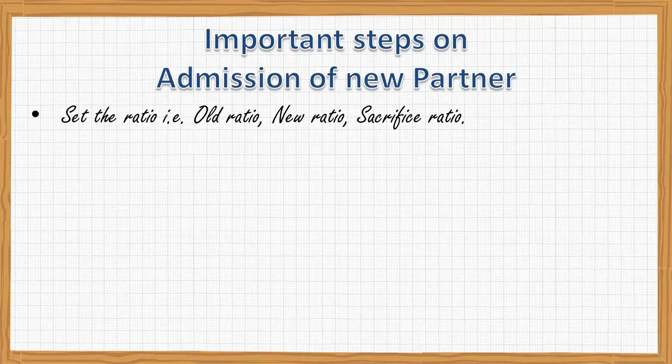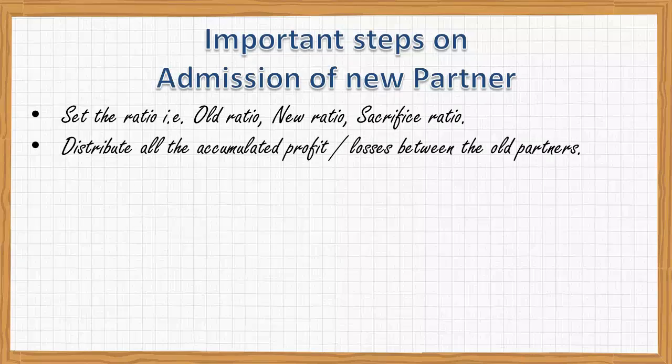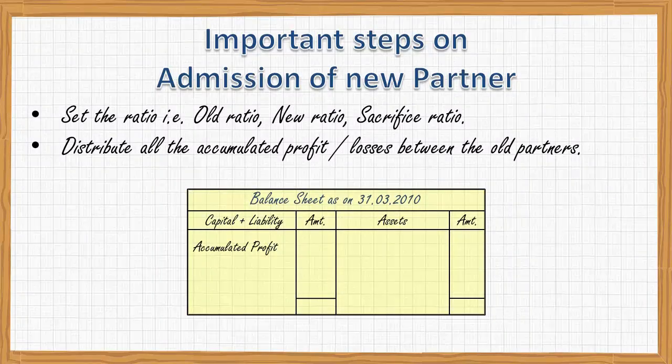And after calculating ratios, you should distribute all the accumulated profits and all accumulated losses between the old partners. Accumulated profits are always on the liability side and all accumulated losses are always on the asset side of the balance sheet.